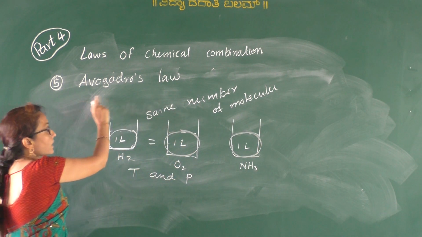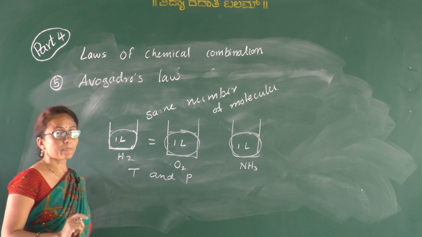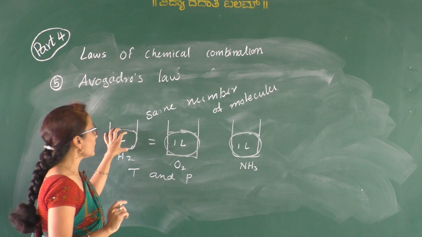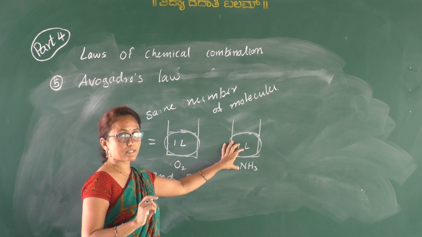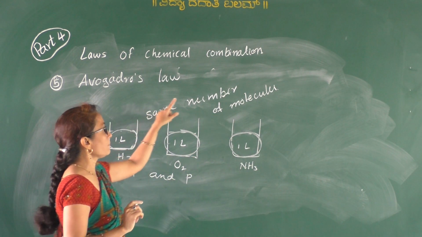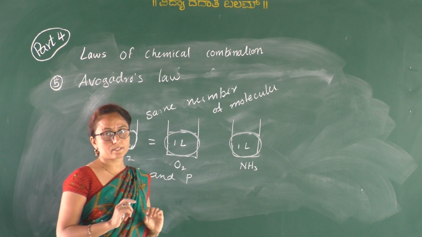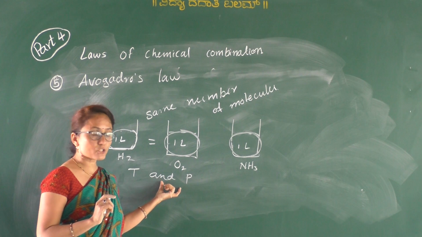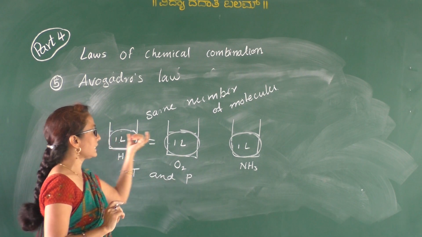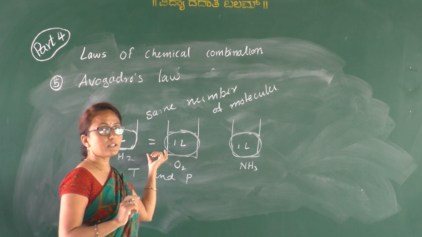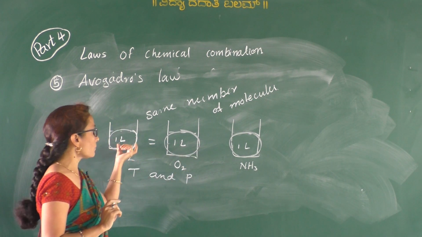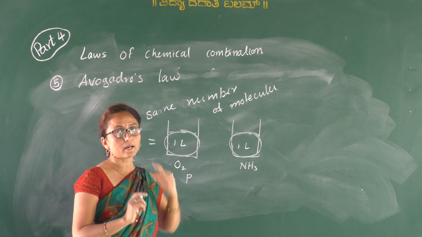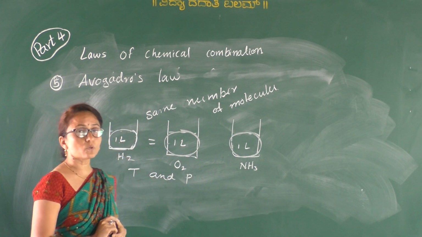Thus Avogadro's law states that at a given temperature and pressure, equal volumes of all gases contain the same number of molecules. Clear? So at a given temperature and pressure, equal volume, 1 liter, 1 liter, 1 liter, all gases are the same. So equal volumes of gases contain the same number of molecules. This is Avogadro's law.